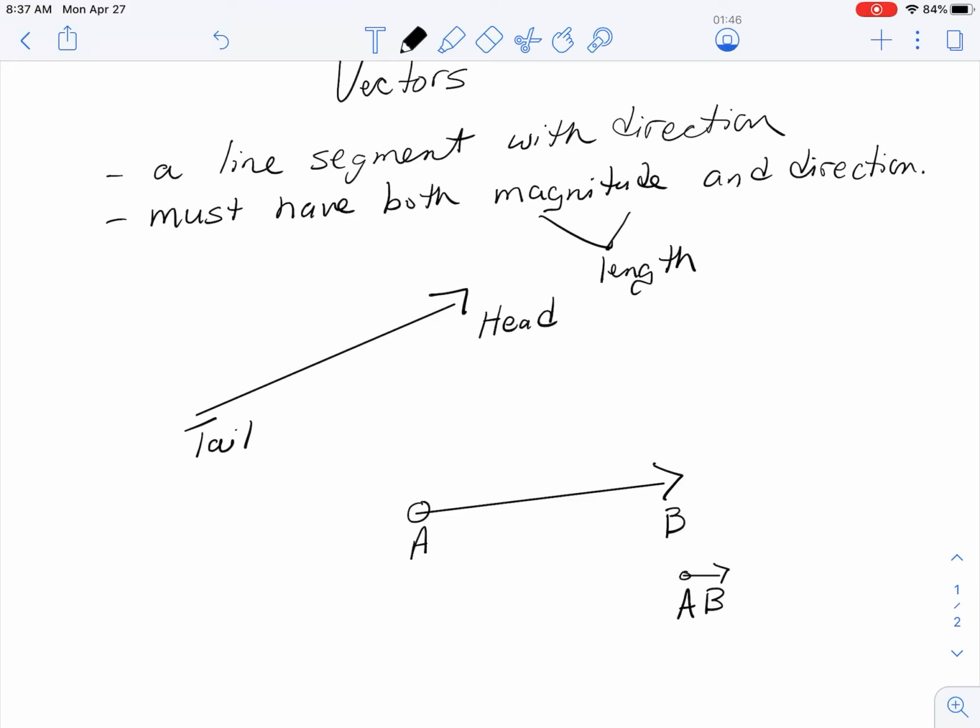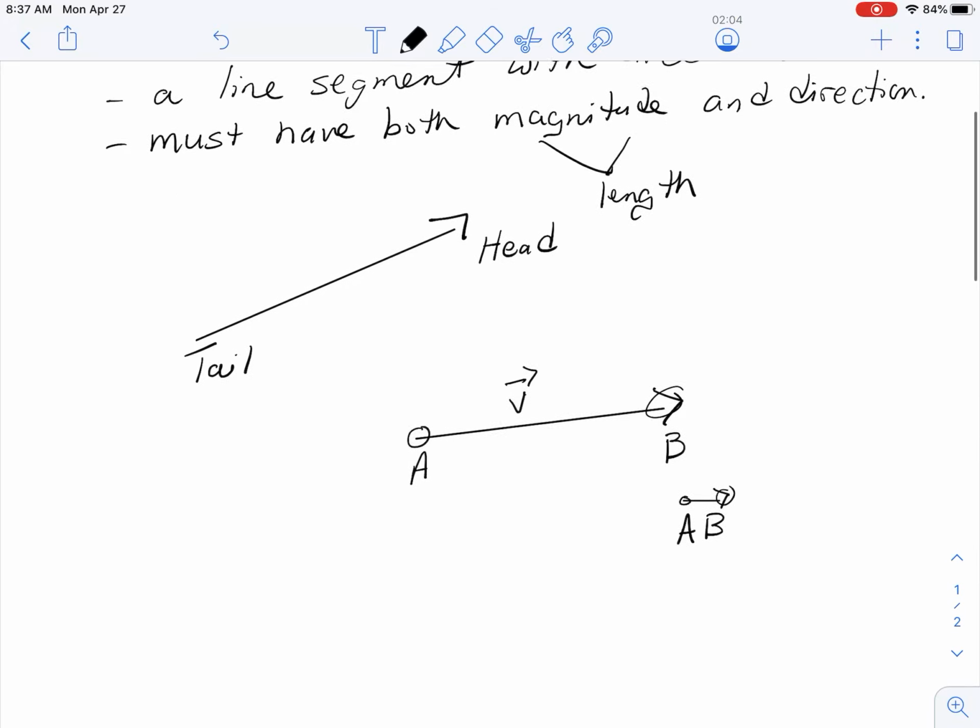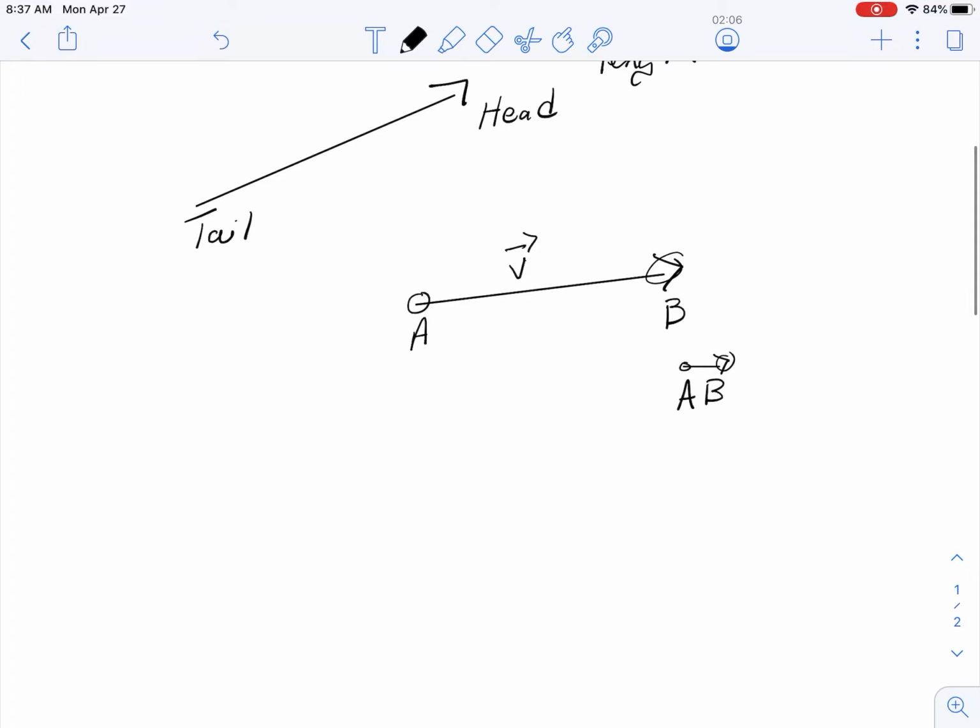And notice over here, A was at the tail, so A is still at the tail, and B was at the head, and B is still at the head. So you can do it like that, or you can use a small letter, so something like this. Maybe we could just call it v, and have that little vector symbol over there.